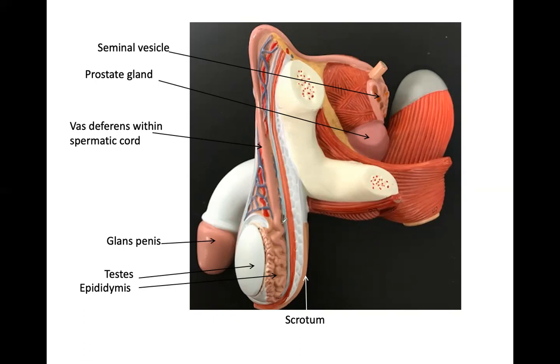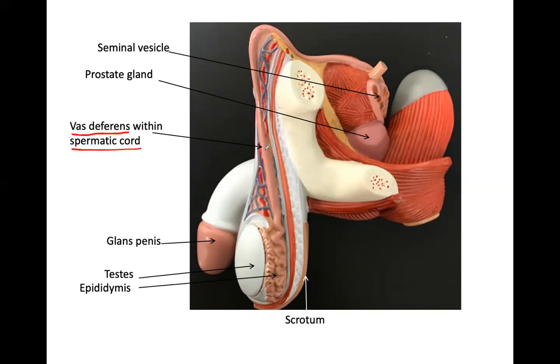When it's ready for ejaculation, it passes through this relatively long tube that goes up, circles around the bladder, and joins the seminal vesicle gland that is behind the bladder. This long tube is called the vas deferens. However, if it's bundled with its blood vessels, which are the arteries and veins you see right here, that is referred to as the spermatic cord.